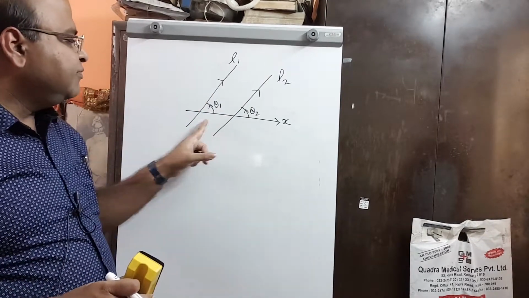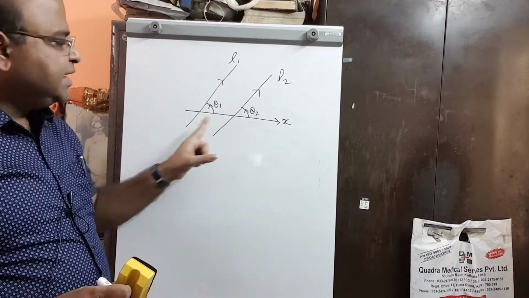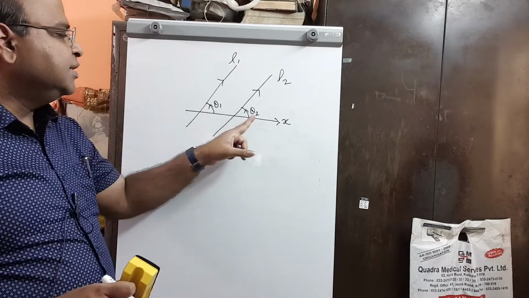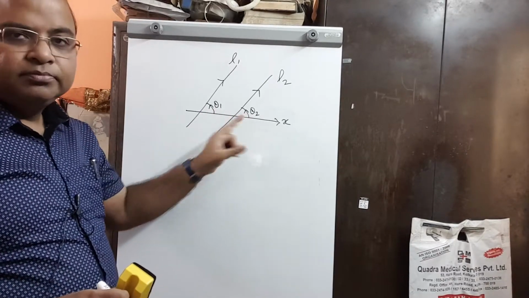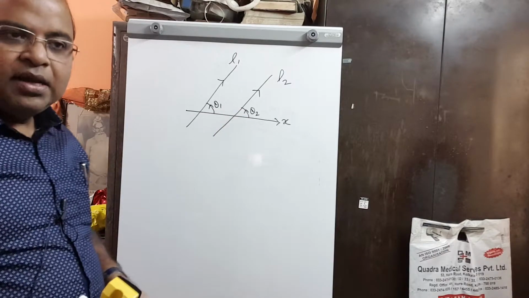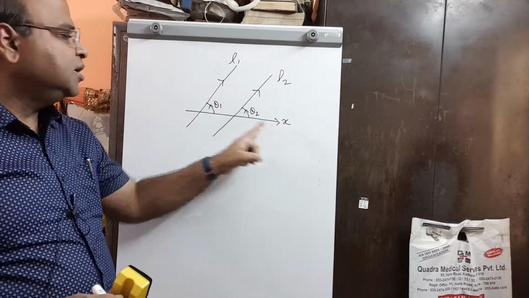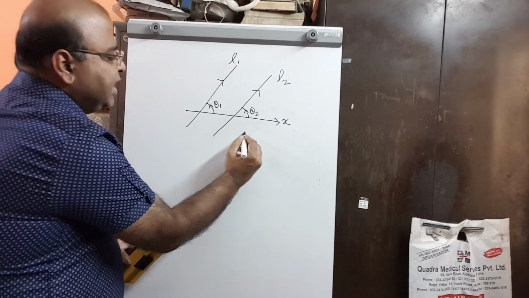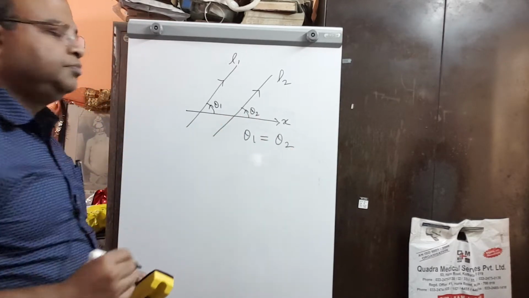So from this diagram we can see that as these two lines are parallel and x-axis acts as a transversal, these two angles being the corresponding angles, they will be equal. This is the property of parallel lines, that whenever two lines are parallel and we have a transversal, the two corresponding angles are equal. So here we have theta 1 is equal to theta 2.